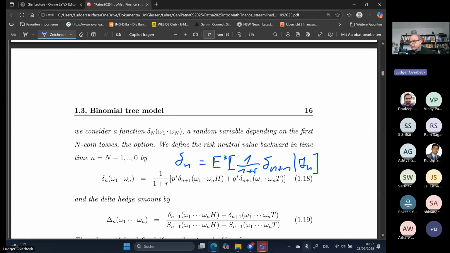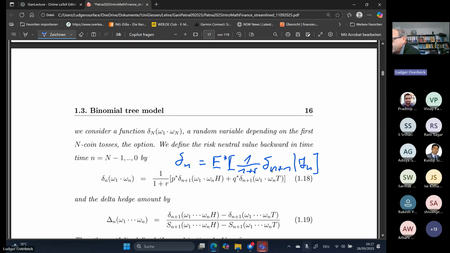So that's a martingale probability. That's a definition: we define it as an expectation, an average at time n, where the value of everything is discounted the same as one time step later.